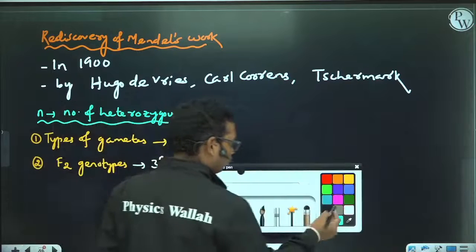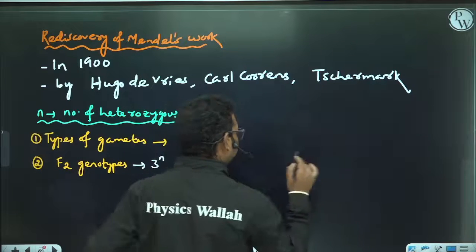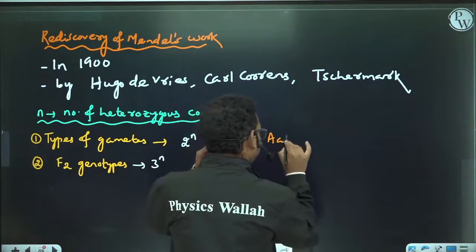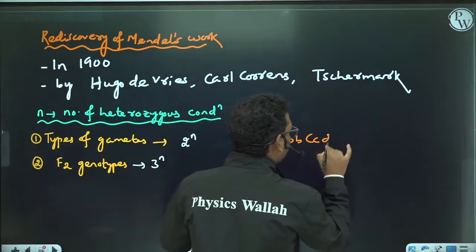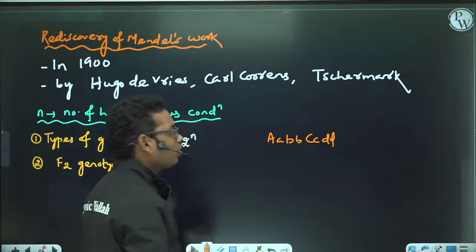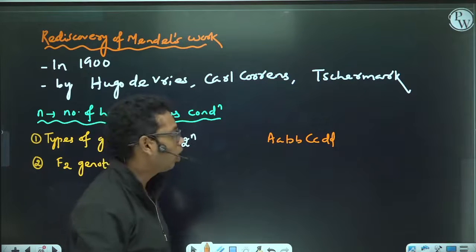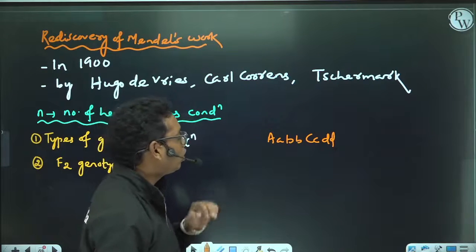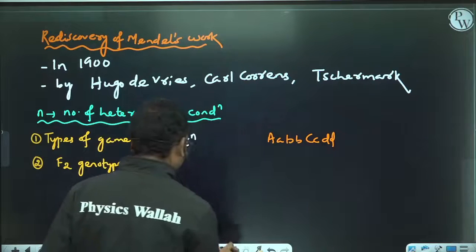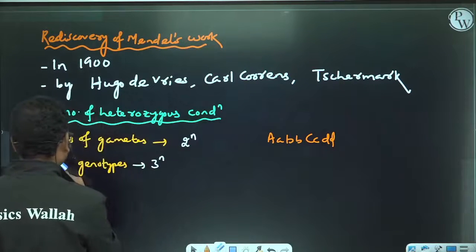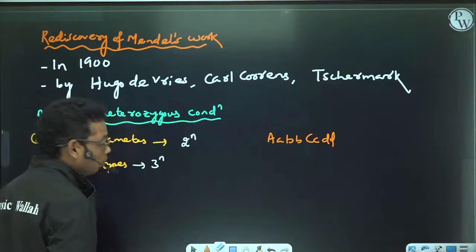Okay, so if I ask you individual with capital A small a, small b, capital C small d, how many F2 generations will be produced? So in this case, how many genotypes will be produced?